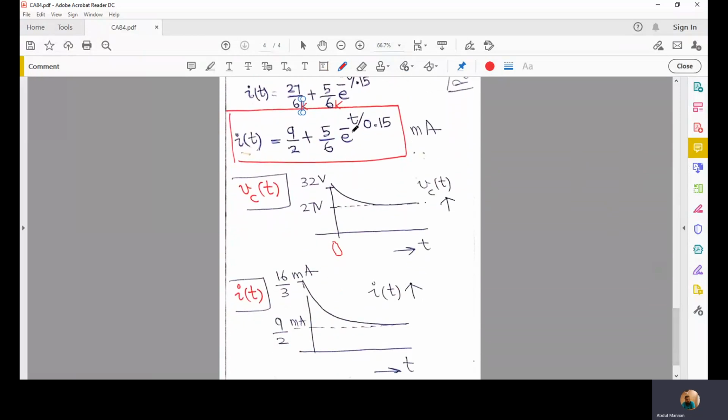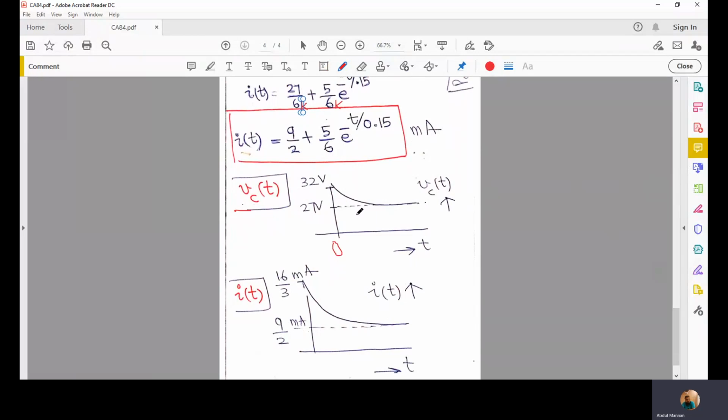We can plot in a similar way: putting t equal to 0, the exponential becomes 1. So 9 plus 2 plus 5 over 6 is 16 divided by 3 milliamperes. And at time t equal to infinity, this whole term becomes 0, and we are left with 9 by 2 milliamperes. So they both are decreasing exponentials, but neither V sub C of t nor I of t reaches 0 as time approaches infinity.